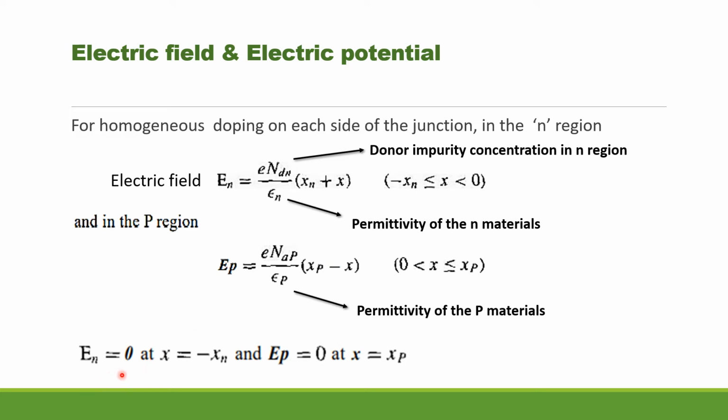En equals 0 when X equals minus Xn, and EP equals 0 when X equals XP.